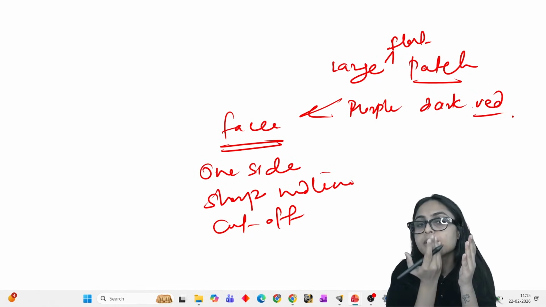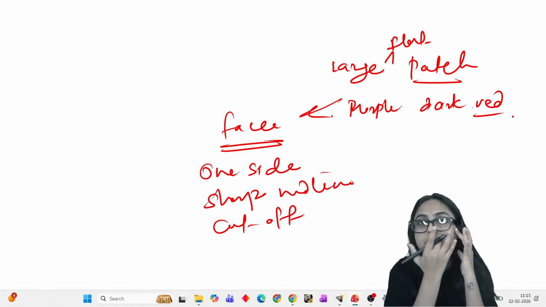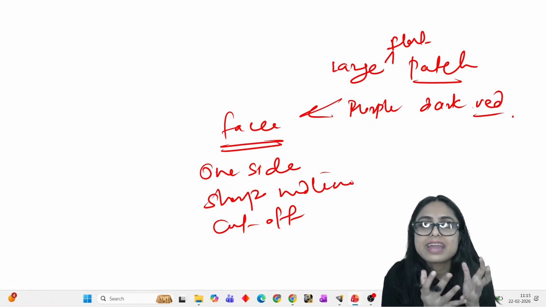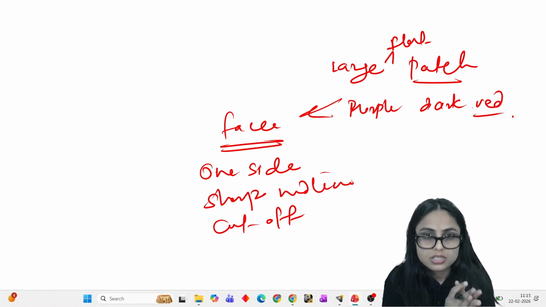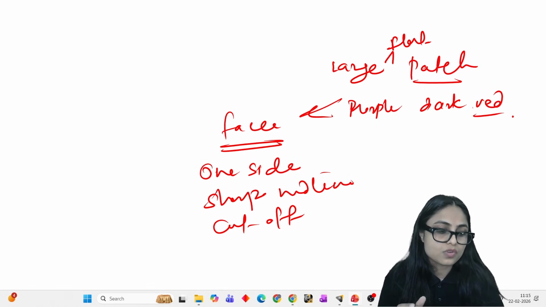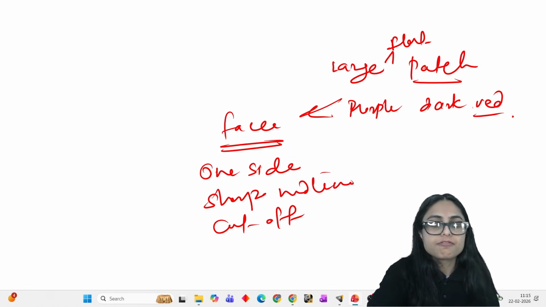Unilaterally you will see a large flat purple or dark red patch. That is a port wine stain, which is also called nevus flammeus.